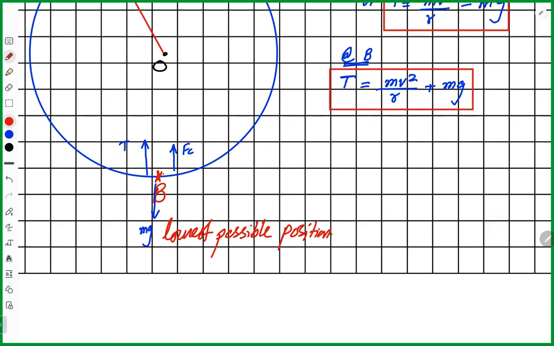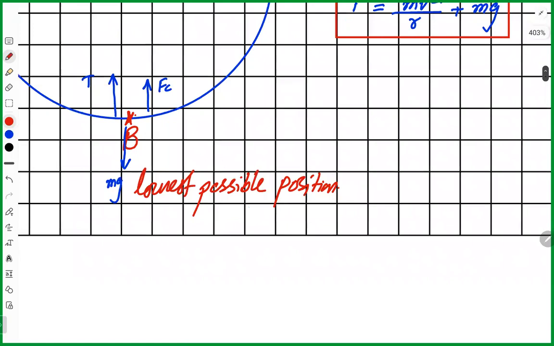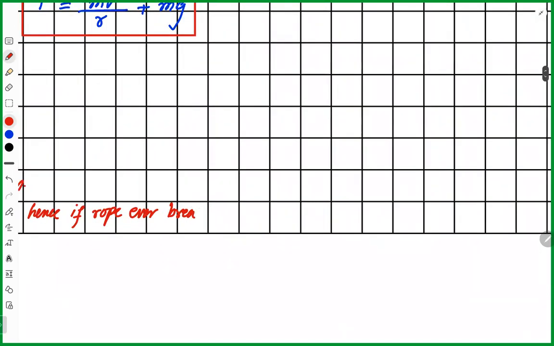So here are some important points. Lowest possible position, maximum tension, hence if the rope ever breaks, this is most likely the point.